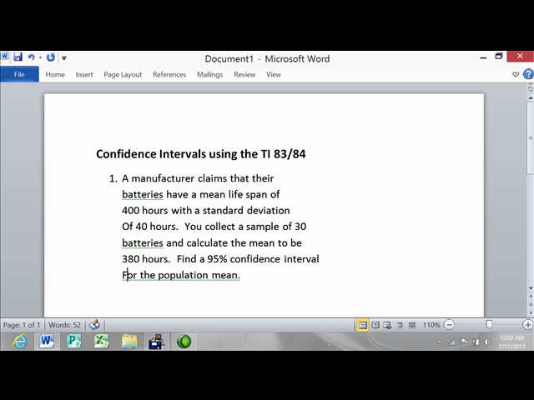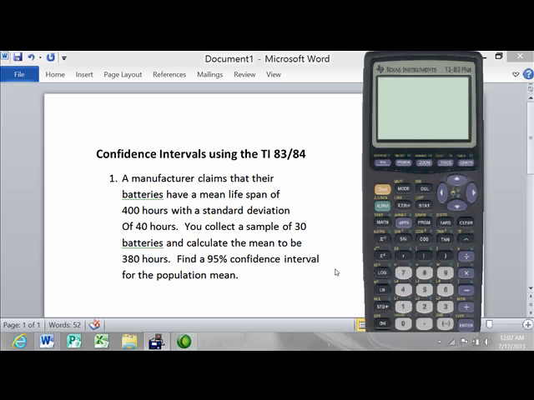So we want to find a 95% confidence interval for the population mean. To find confidence intervals, to do hypothesis tests and so on, on the calculator, you have to click Stat. So click on Stat and scroll across to Tests. Then you have to decide, what am I going to do?